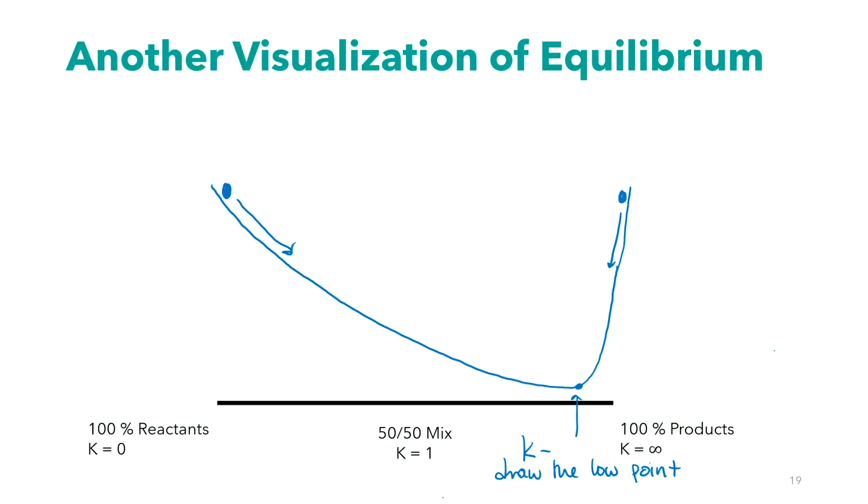So that K tells you the low point, where the system is going to gravitate to. And it doesn't matter what mixture you start with, the ball will always roll to the low point. Doesn't matter where you start, you always go to that point.